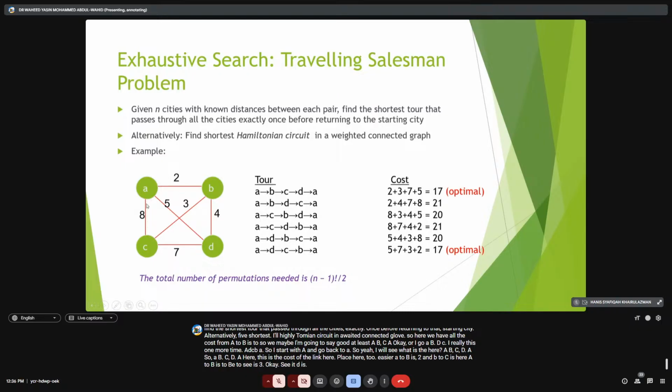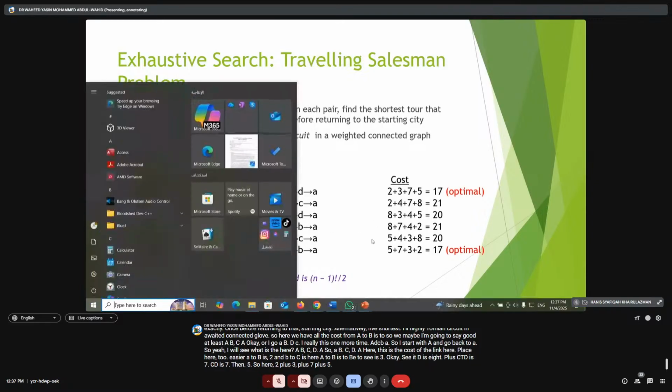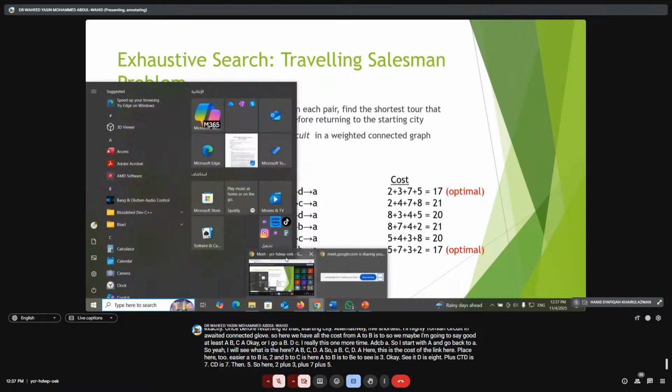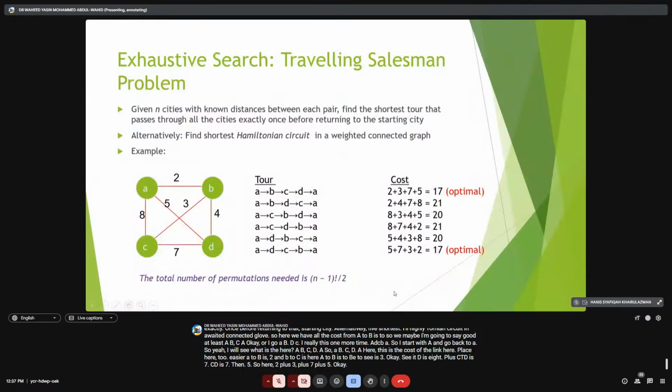C to D is 7. Then 5. So here 2 plus 3 plus 7 plus 5 is 17.